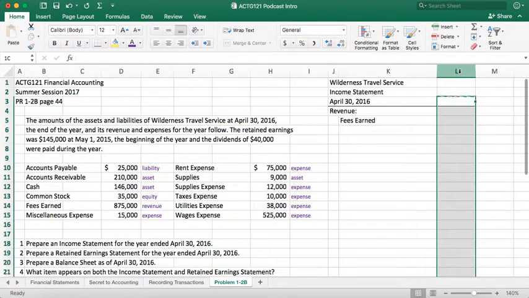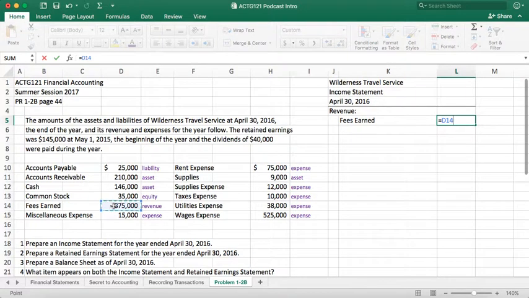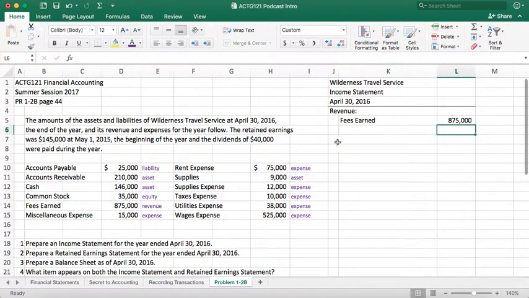So the first thing is revenue, and we only have one, and that's fees earned. Let me format this. So fees earned, 875. If we had more than one type of revenue, we would have listed them and then totaled them, but we only have one. Now we're going to put our expenses.